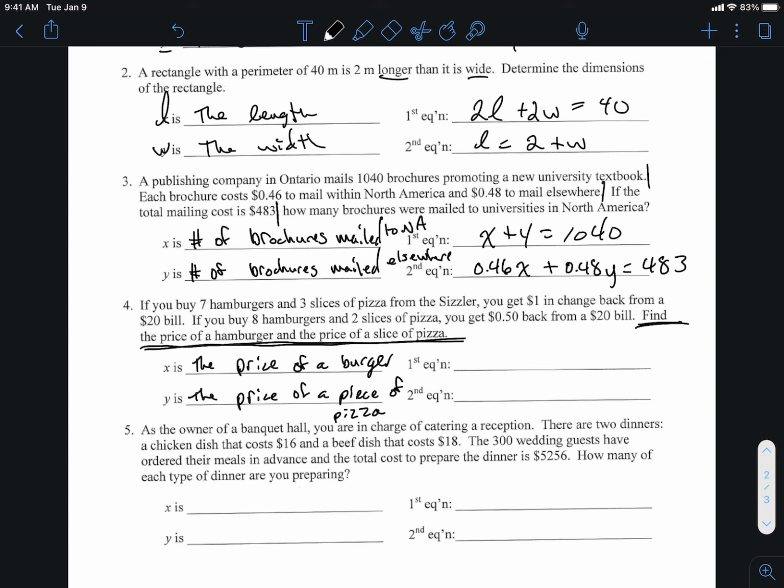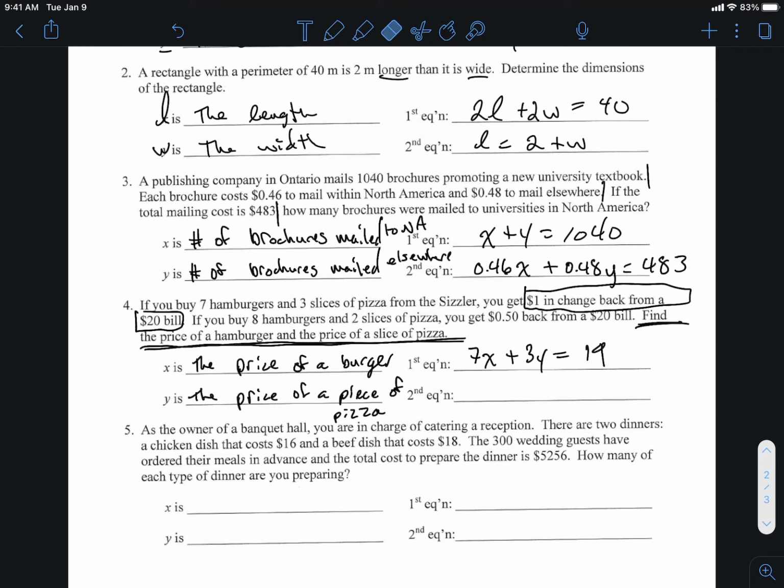Okay. You're going to give a $20 bill. You're going to buy 7. All you've done is change what the variable means. So 7x plus 3y has to equal, here's the sticky part, you get $1 back in change from a $20 bill. Okay? Which means it costs you $19, right?